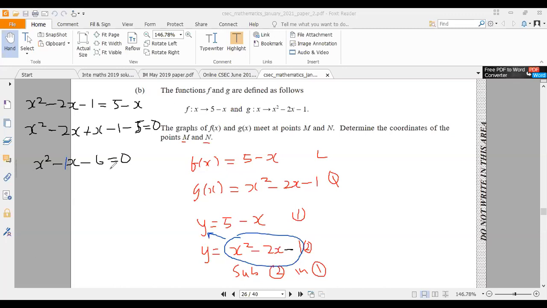Sir, find two values that when you multiply them, you get -6, and when you add them, you get -1. Right, beautiful. So what will you do?